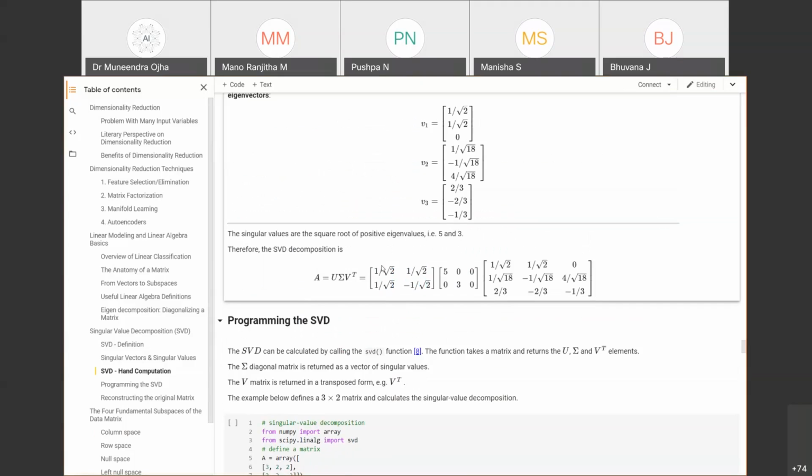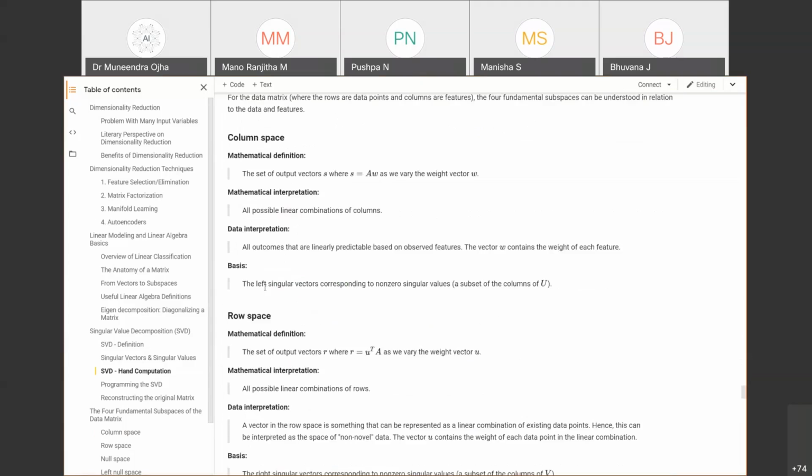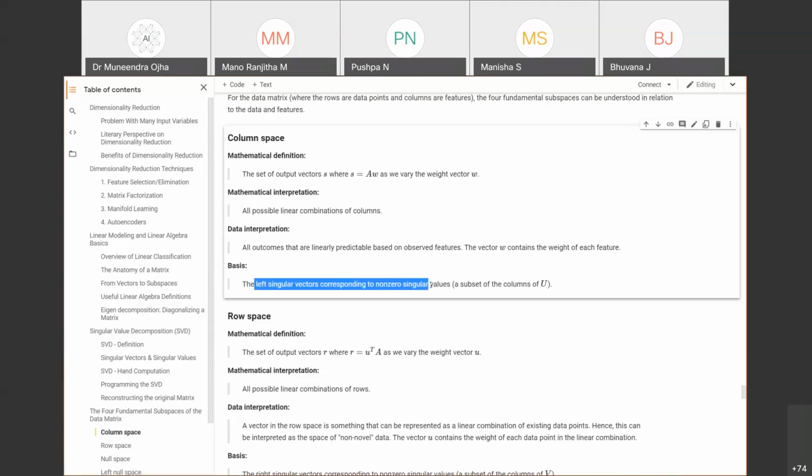These are all vectors constituting U. Because they are on the left hand side, they are called left singular vectors. The vectors of V are called right singular vectors. So the column space is actually the left singular vectors corresponding to non-zero singular values. Any singular value which is non-zero, whatever vectors we obtain corresponding to that constitute our column space.